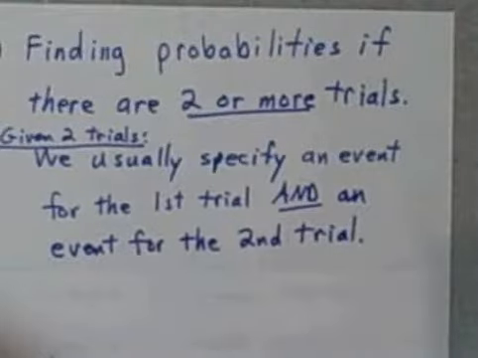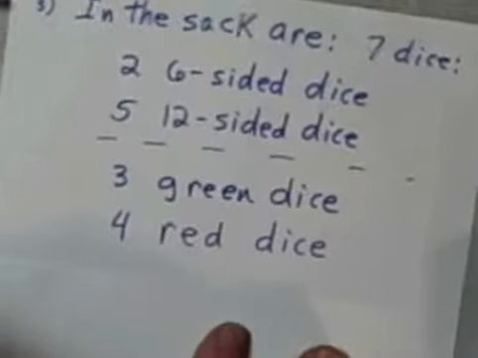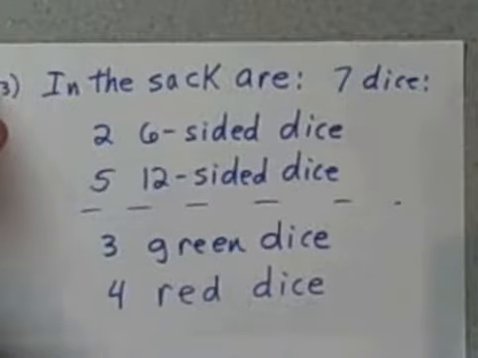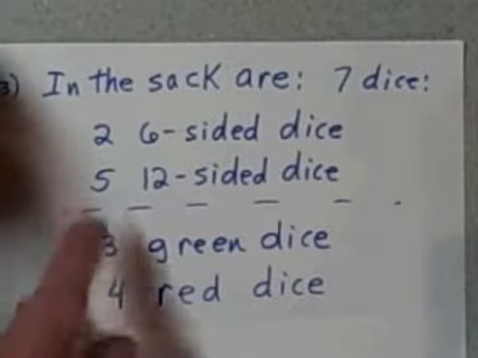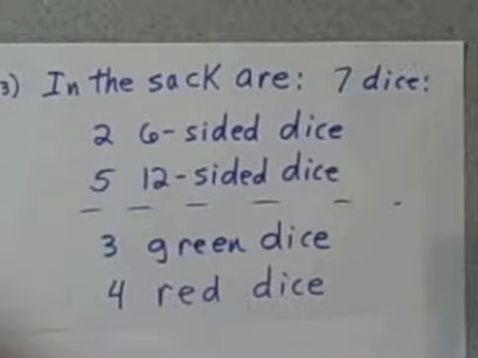So once again, let me move this out of the way. Once again, I would remind you that we have 2 six-sided dice, 5 12-sided dice, or looking at it as green and red, we have 3 green dice and 4 red dice. Okay?